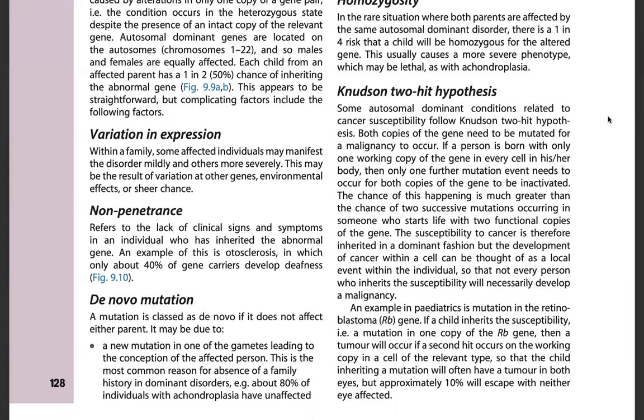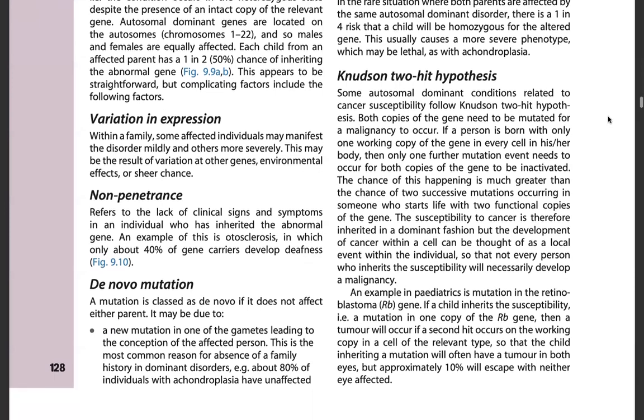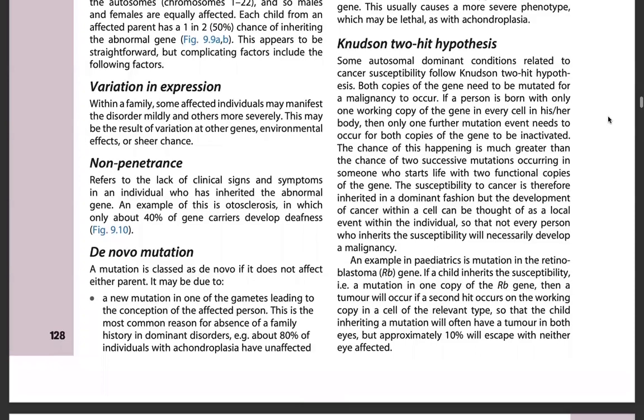The susceptibility to cancer is therefore inherited in a dominant fashion, but the development of cancer within a cell can be thought of as a local event within the individual, so that not every person who inherits susceptibility will necessarily develop a malignancy. An example in pediatrics is mutation in the retinoblastoma RB gene.